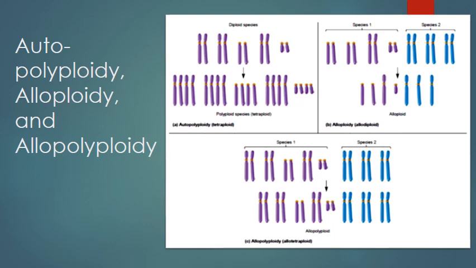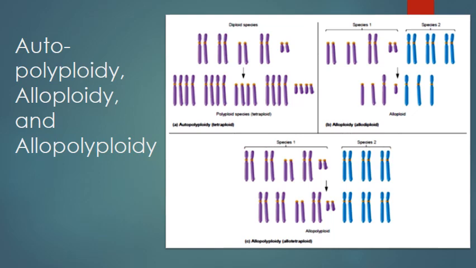The prefix auto means self and polyploid means many sets of chromosomes, referring to an increase in the number of chromosome sets within a single species. A much more common mechanism for change in chromosome number is called allopolyploidy. Allopolyploidy is a result of interspecies crosses.